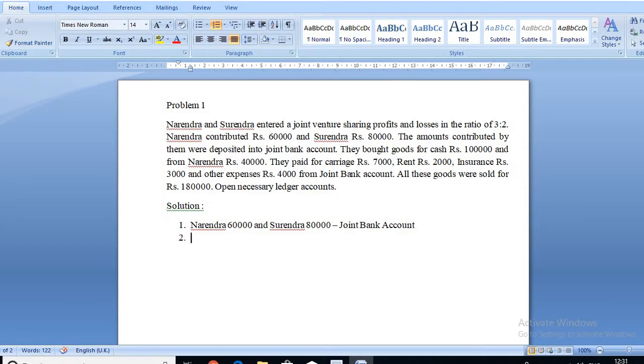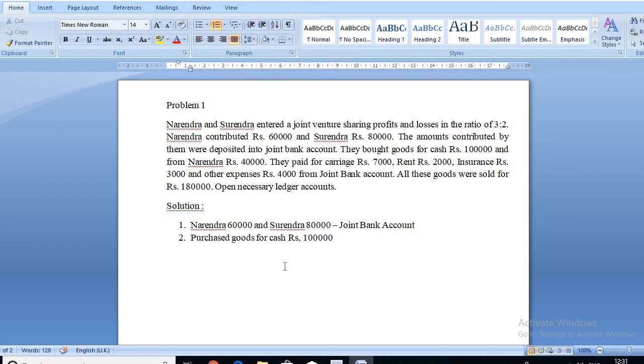Now come to the second transaction. They bought goods for cash rupees 1 lakh.